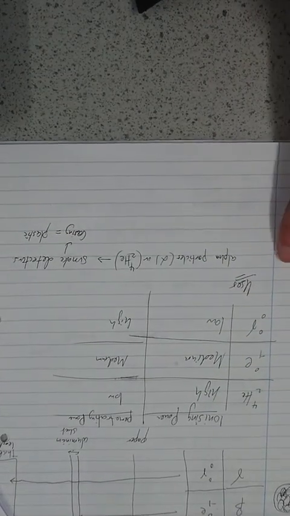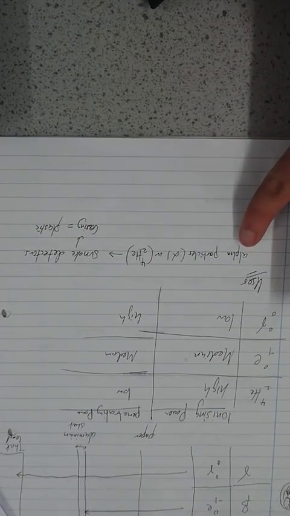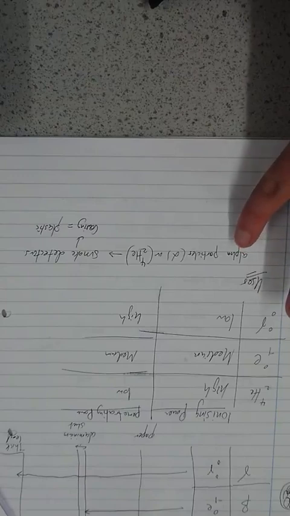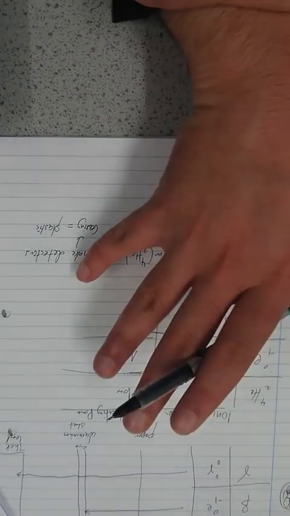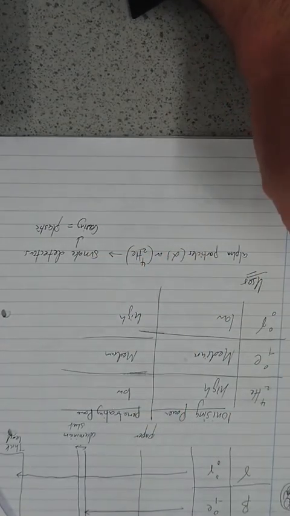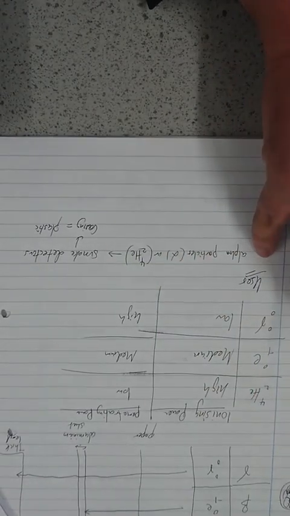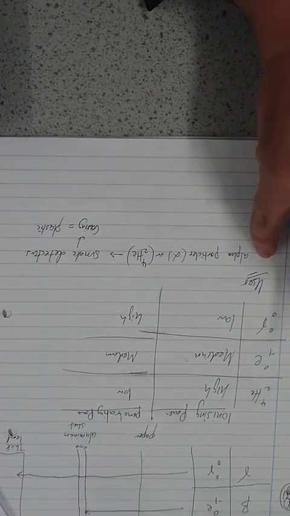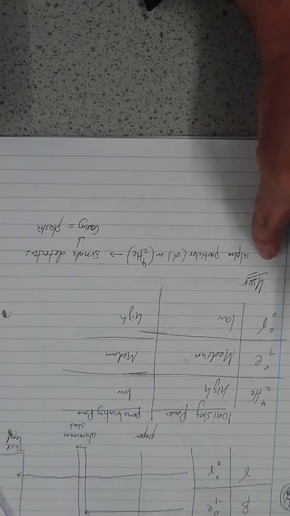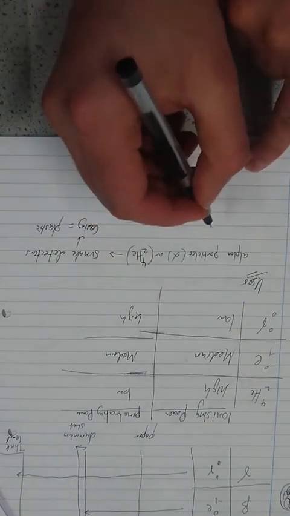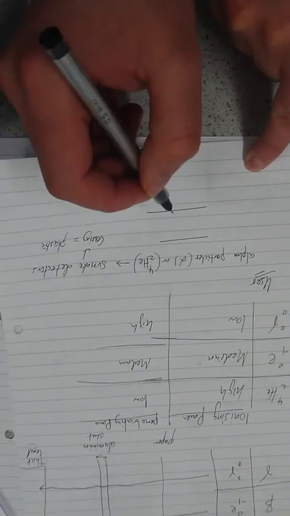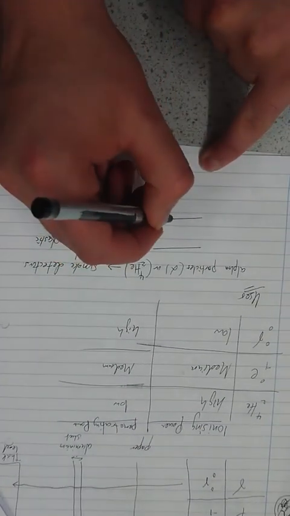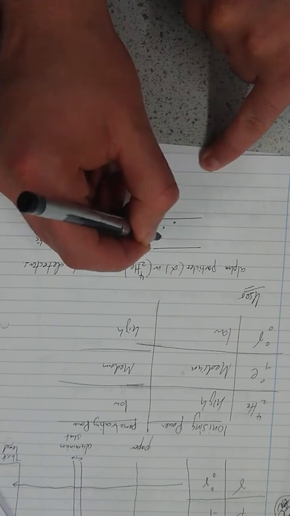So how it works is, inside there are alpha particles. When there's smoke, the smoke goes into the detector and it interferes with the alpha particles, sort of like stopping them. Let's say inside our smoke detector we have the alpha particles.